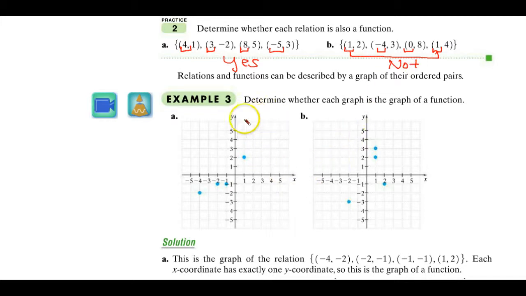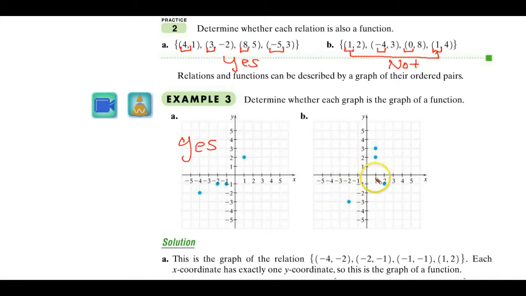Now, when we look at a graph, remember here the x value is negative 4, negative 2, negative 1, 1. Are any x values repeated? No. So yes, this is a function. Now as we go here, we see we have a negative 2.